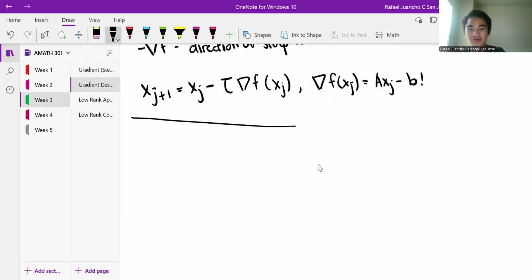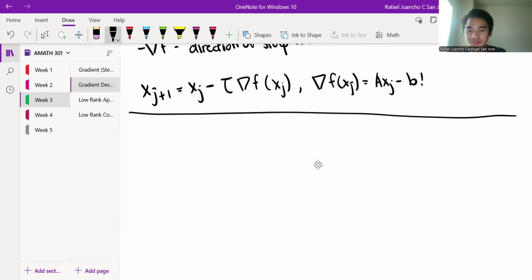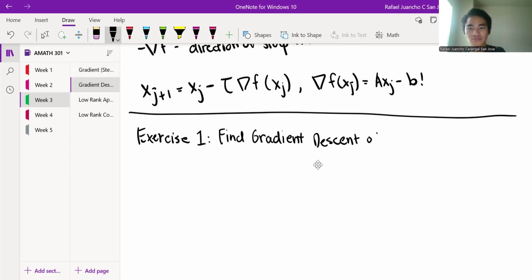Okay, let's do some examples actually. So here, this is solely based on my own. I'm going to be doing some examples. Let's try this. How about we find, so all of these exercises are all going to be finding the gradient descent of something, right?